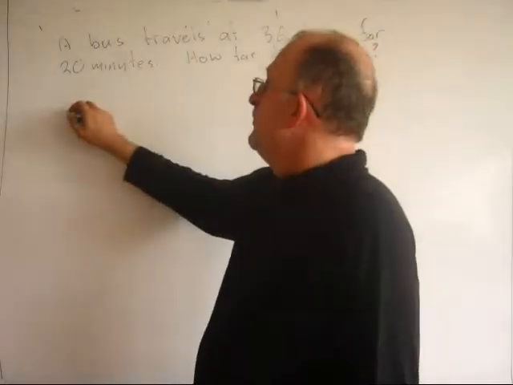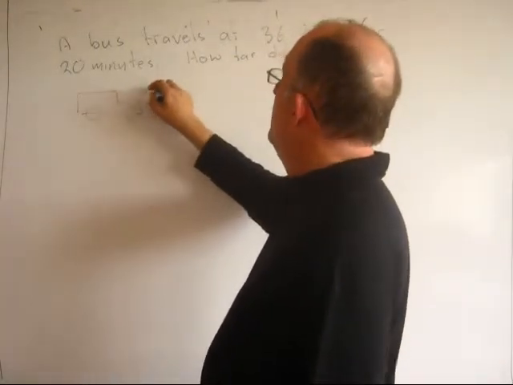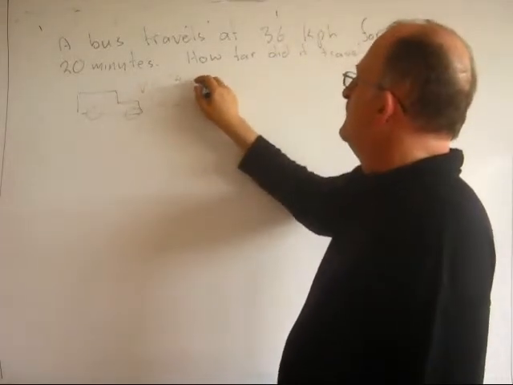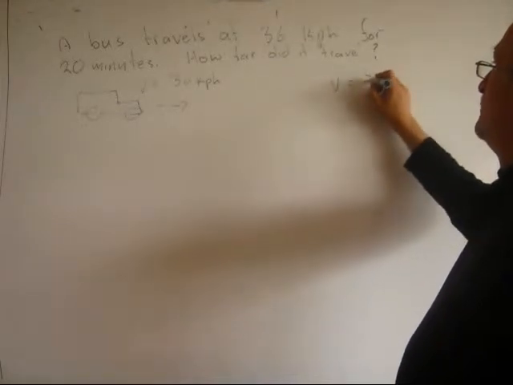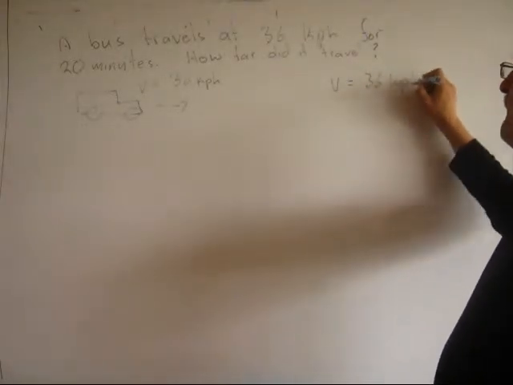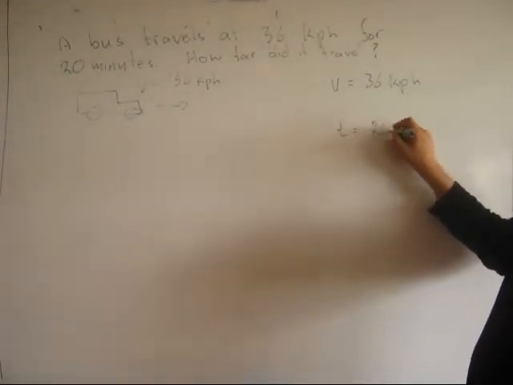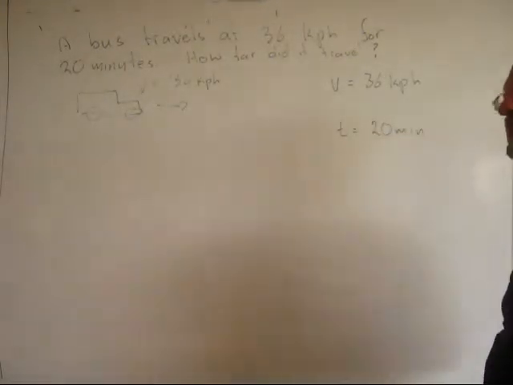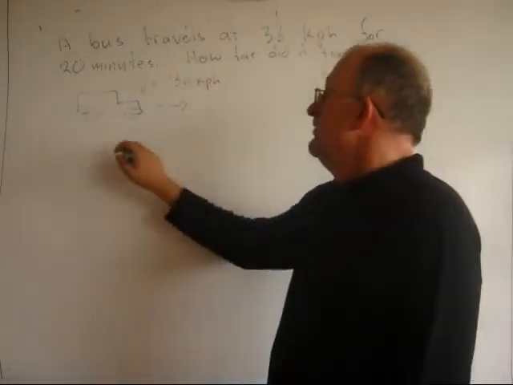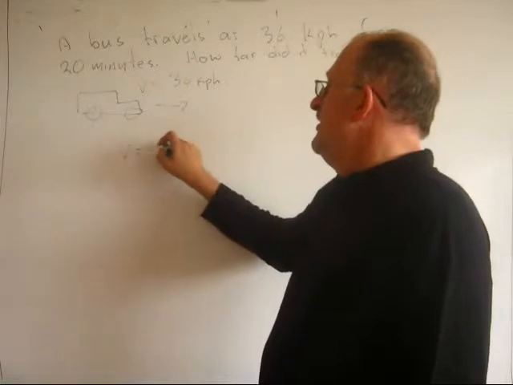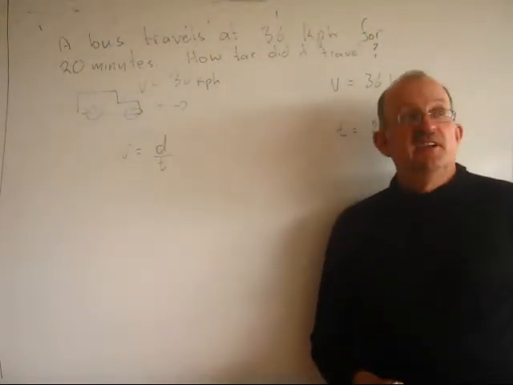Let's give it a crack. So first step, always draw a picture. V equals 36 kph, and we know the time. Step one, draw a picture. Step two, write down what you know. Step three, choose an equation: V is equal to D over T. Step four is rearrange that equation.